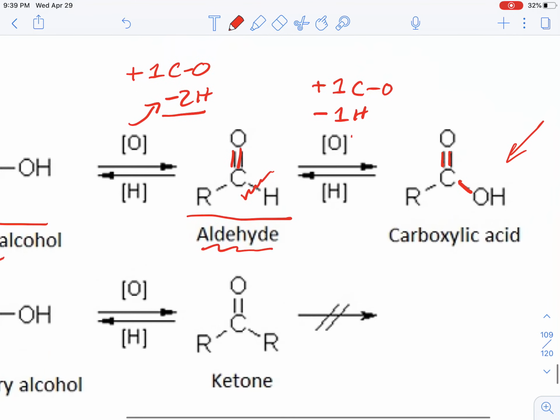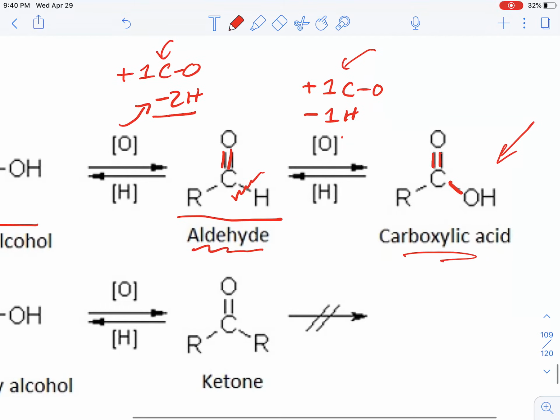Now, the reverse process is simply the reverse of what you see here. If we're going from a carboxylic acid to an aldehyde, going backwards is reduction.